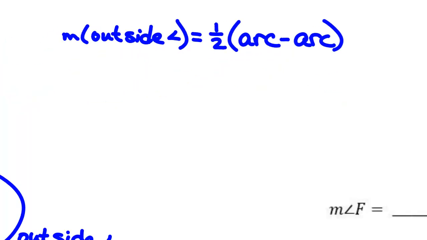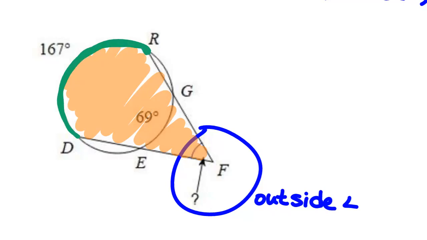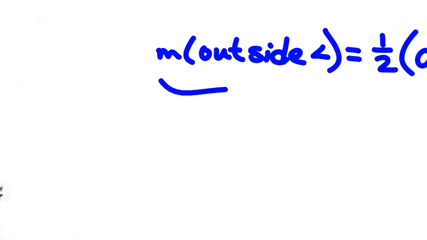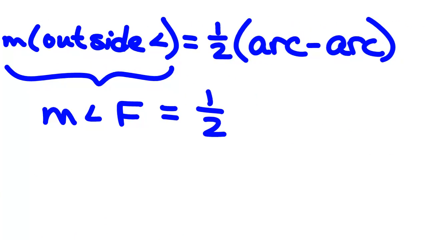So let's find the arcs that it is intercepting. So here's my angle coming out here. That means it is intercepting this arc right here, 167 degrees, and this arc right here, 69 degrees. So those are the two that we're going to subtract. This is angle F. So the measurement of angle F equals 1/2, and then I subtract these two.